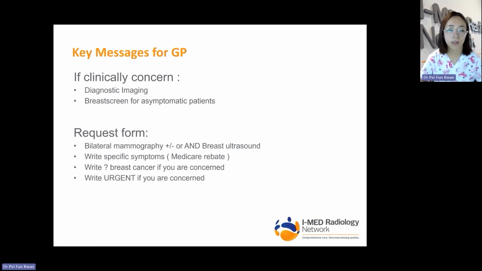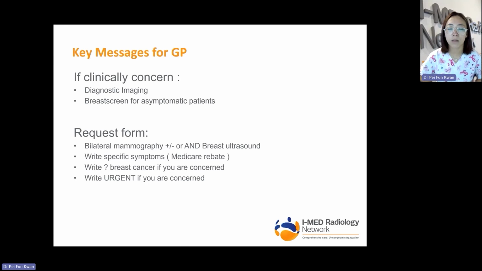Okay, we nearly finished with the talk, and just a few key messages for you. So when you see a patient and you're clinically concerned of breast cancer, please send them to diagnostic imaging, either public hospital or private hospital, wherever you can get your patient in quickest.